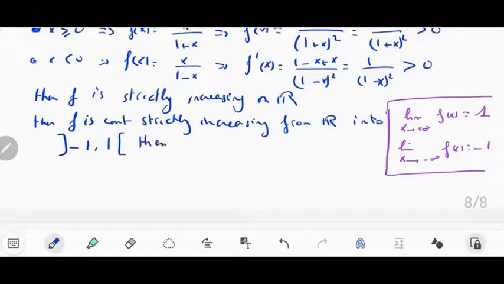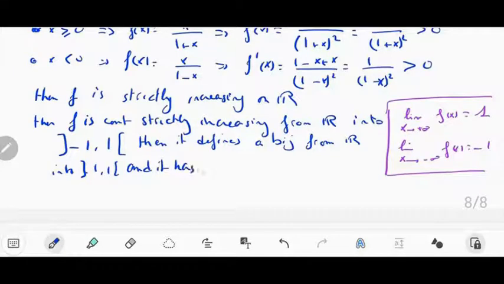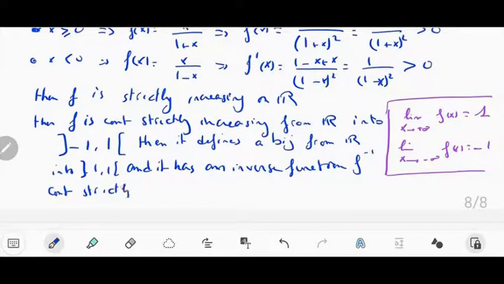Then it defines a bijection from R into minus 1, 1, and it has an inverse function f minus 1, continuous, strictly increasing from minus 1, 1 into R. So it goes the other way around.